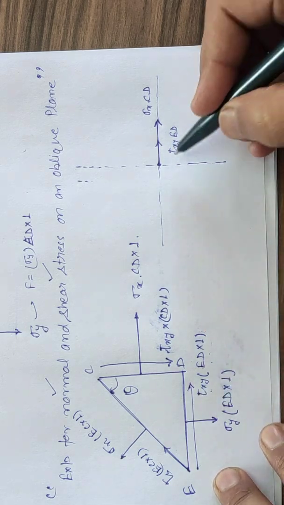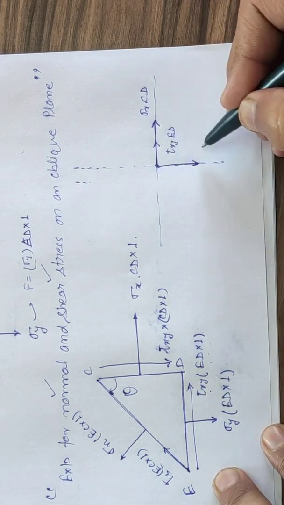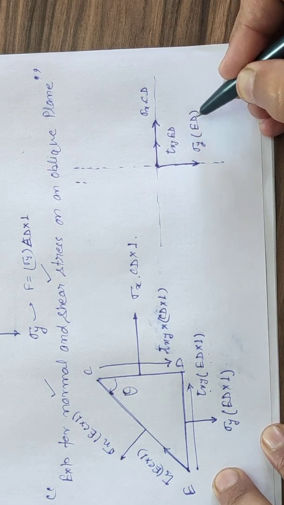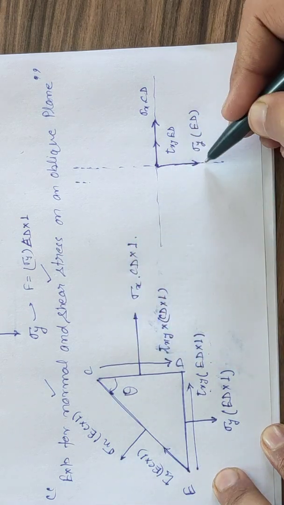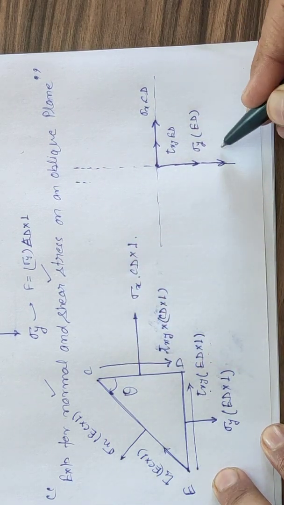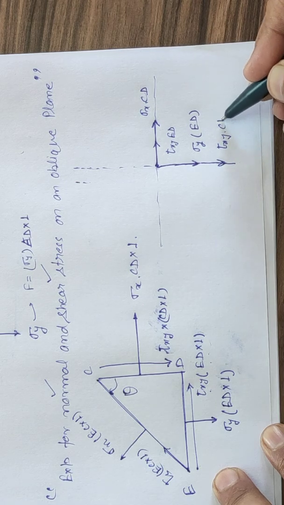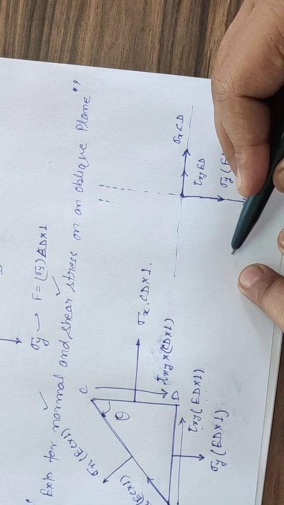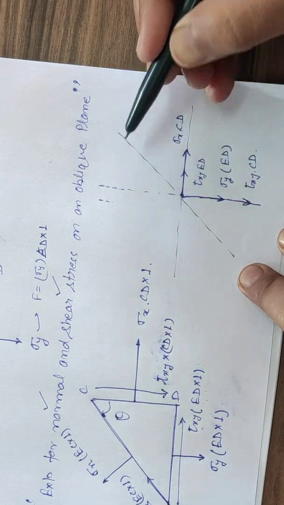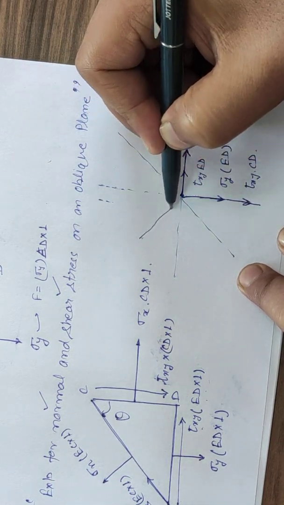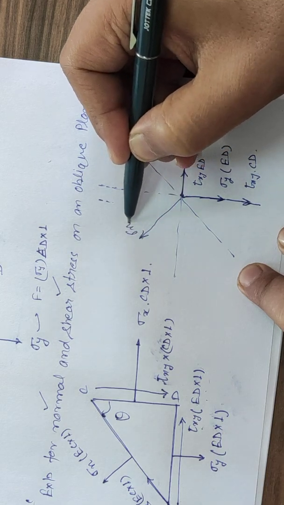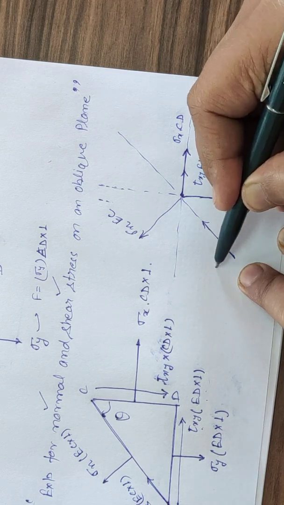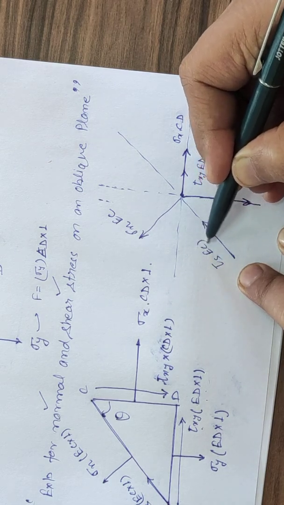Now in the negative y direction, we have sigma y into ED, and the force tau xy into CD also acts. In the direction of normal stress, we consider this line, where the normal force sigma n multiplied by EC acts, and along this plane we have tau s into EC.